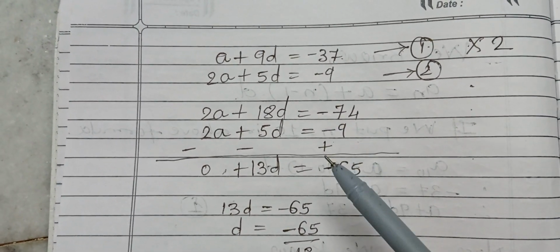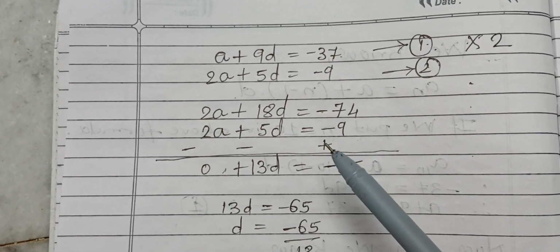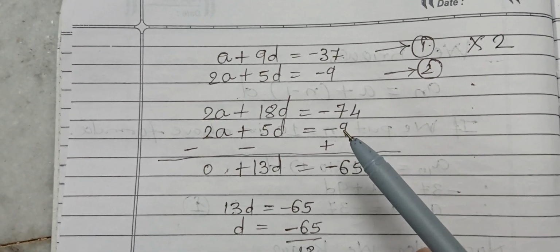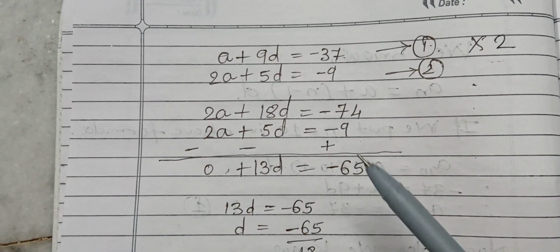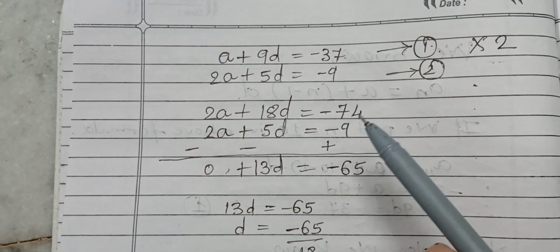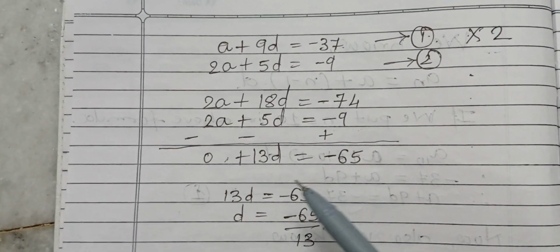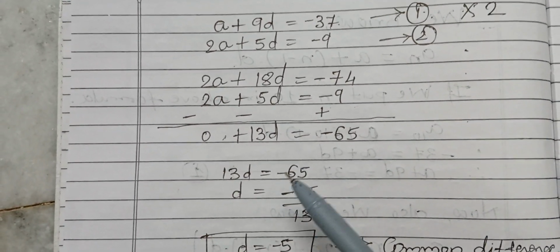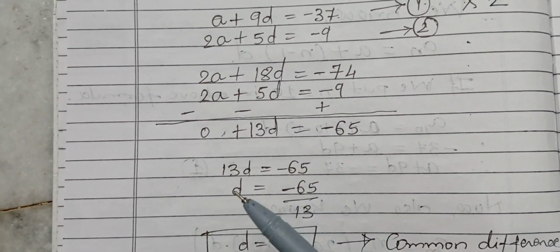Minus 74 plus 9, we consider the new sign for this number. So minus 74 plus 9 is 65, and the sign we will consider is that of the bigger number, 74, so minus 65. Okay, so 13d is equal to minus 65.